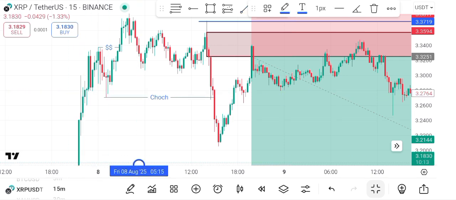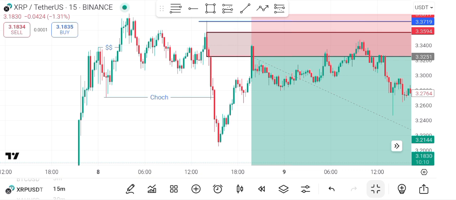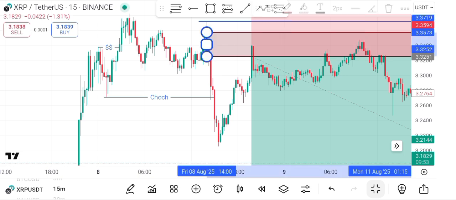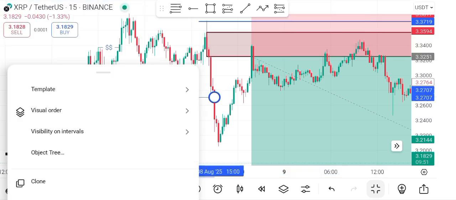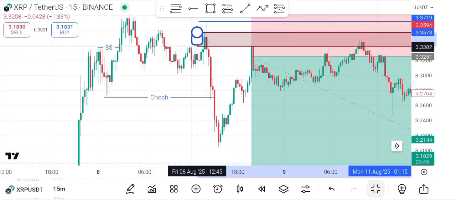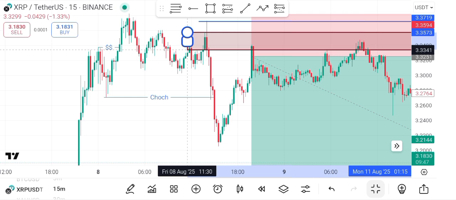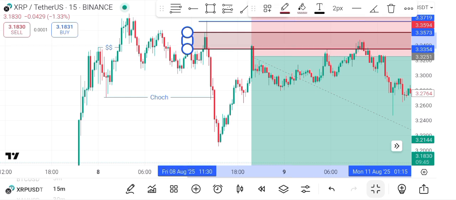After the change of character, what we are going to look for is the order block. You have to look for the order block that caused the change of character, and that will be our origin. And where is our order block? This is our order block right there, this last green candle before the impulsive movement to the downside.